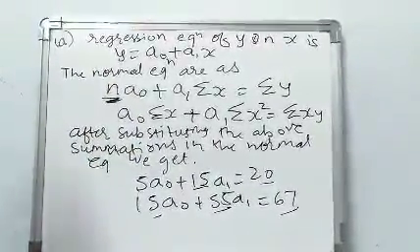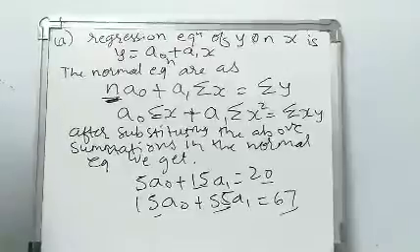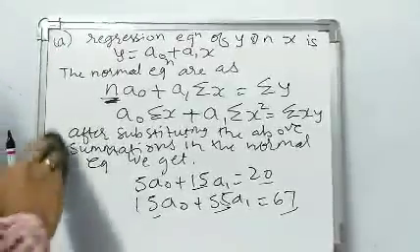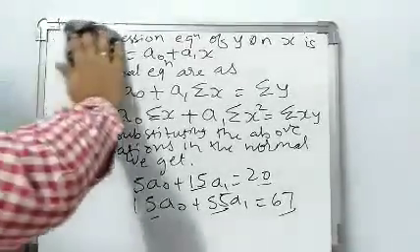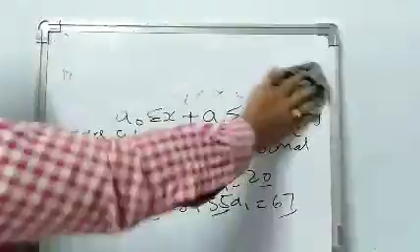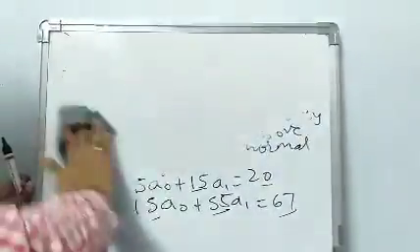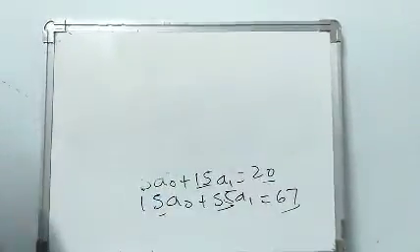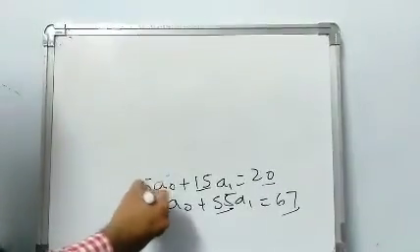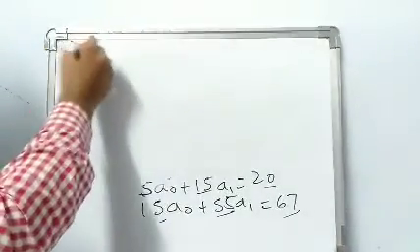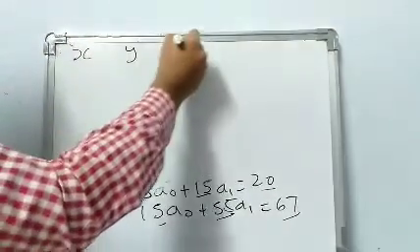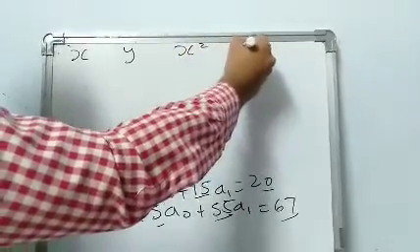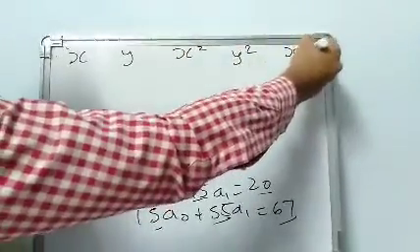Now we'll draw the table. I'm erasing all this, and we'll draw a table, and then we'll try to solve this. The columns are the values of x, y, x square, y square, and xy.